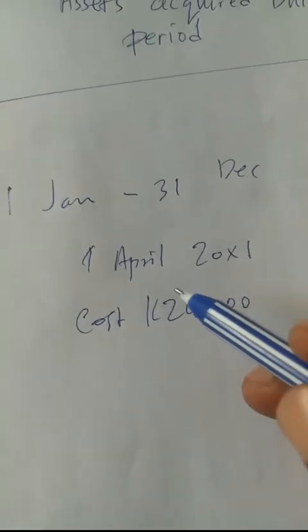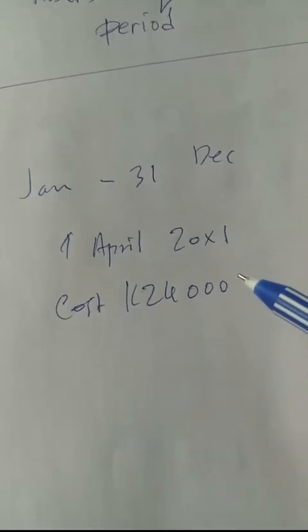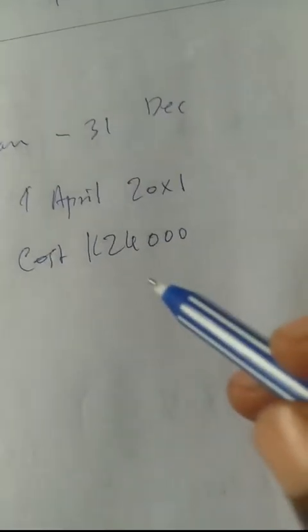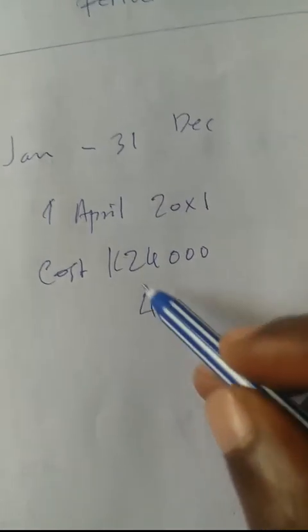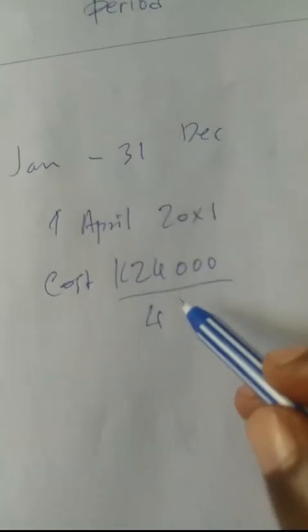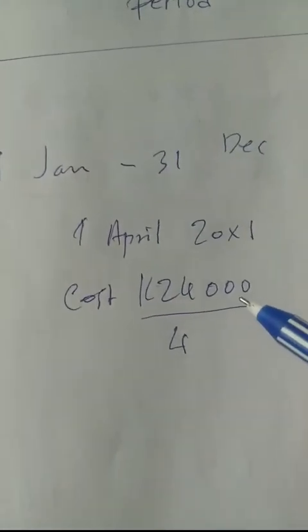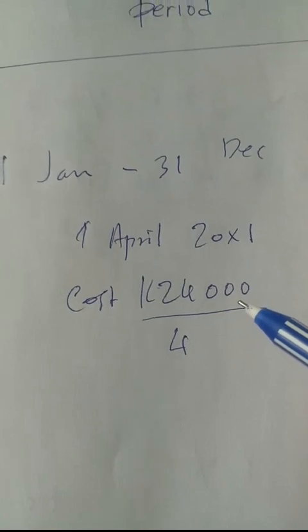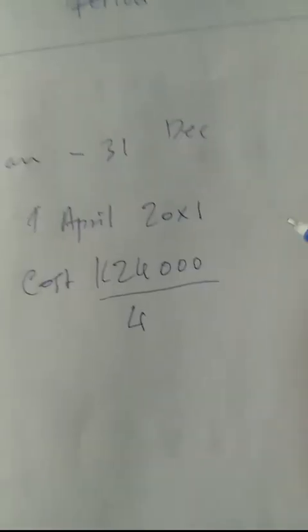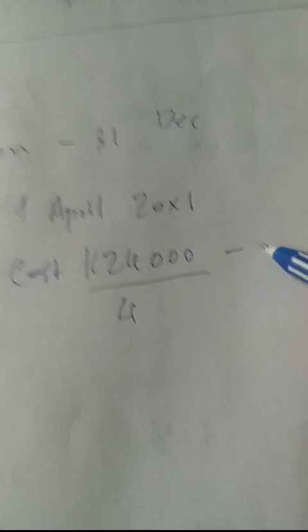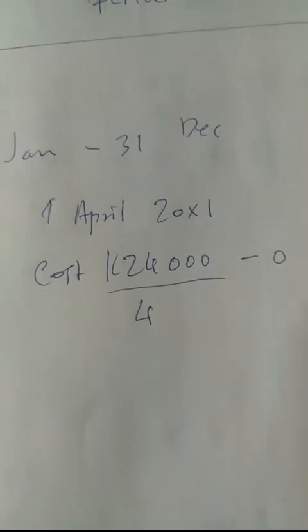The cost of this non-current asset is 24,000 kwacha, and the expected life of this asset is 4 years. Its residual value is nil. We are not expecting to use this item at the end of 4 years. The residual value is 0.